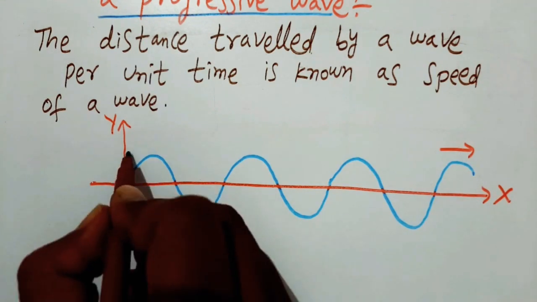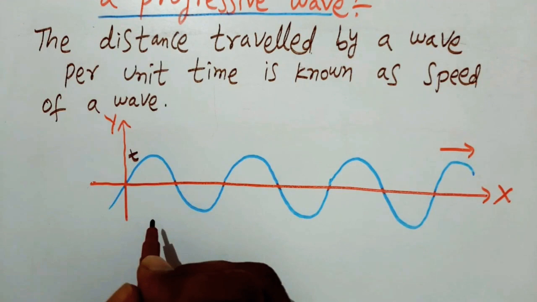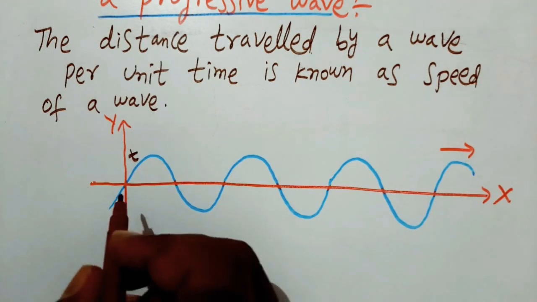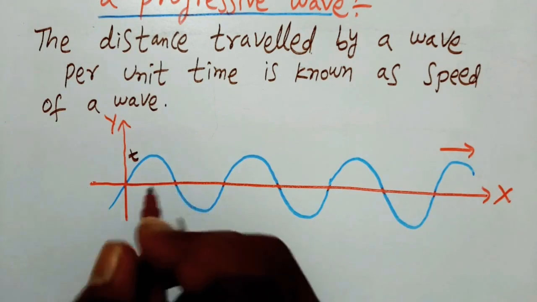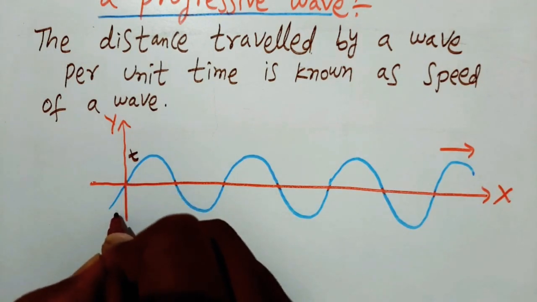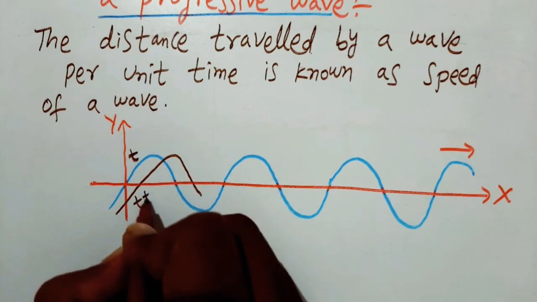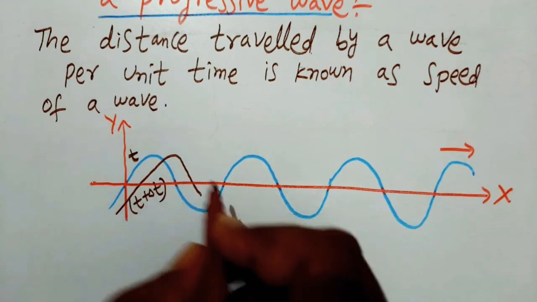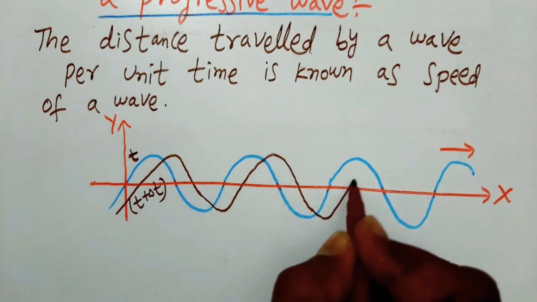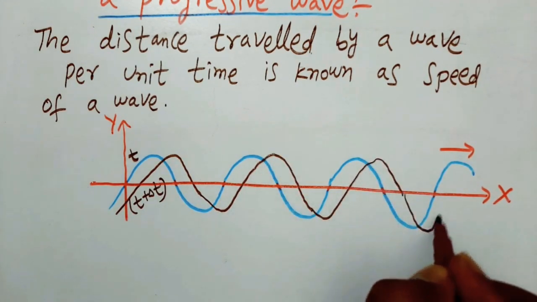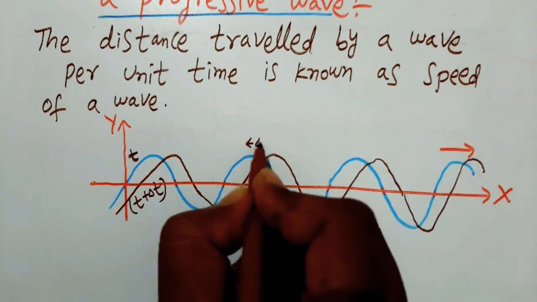At time t, the wave is this one. After del t time, the wave is displaced a distance del x. That is, at time t plus del t, the wave is displaced. The displacement is del x.